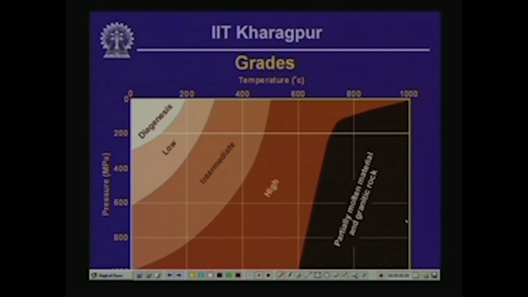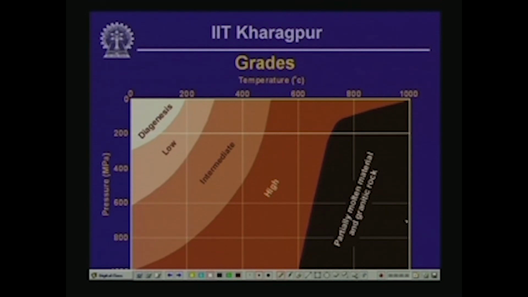If the temperature and pressure increase further, then we are going to get high grade metamorphic rocks, and these rocks are going to contain the least percentage of hydrous minerals such as different varieties of mica. The ranges of temperature and pressure for high grade metamorphism are shown on the plot.